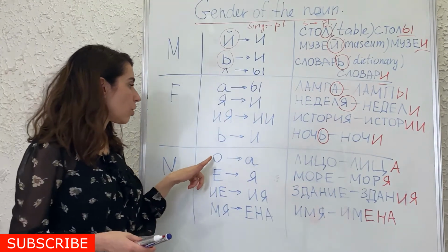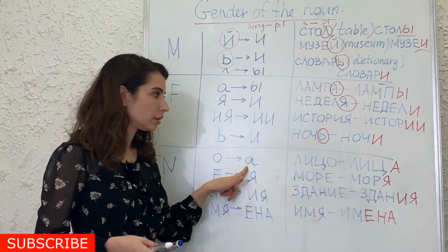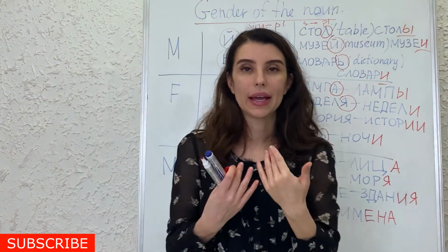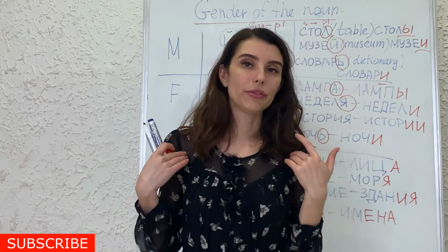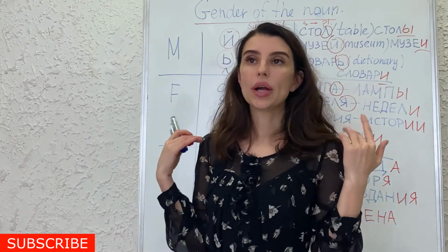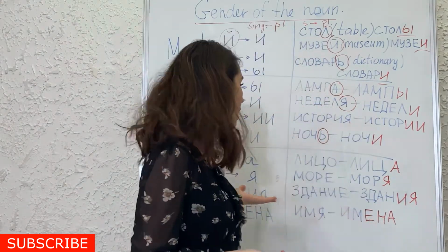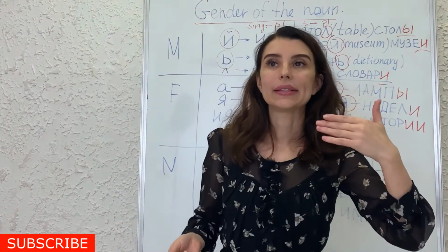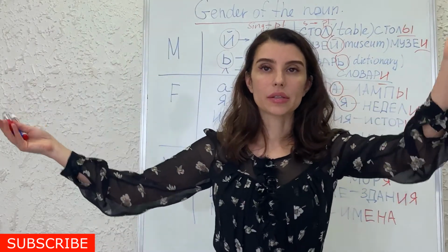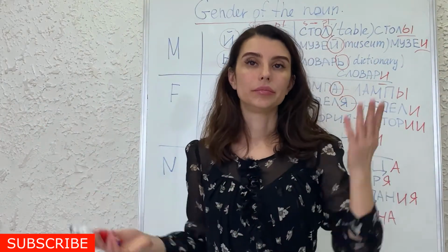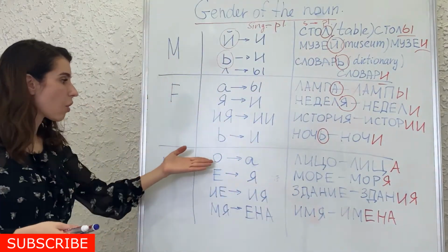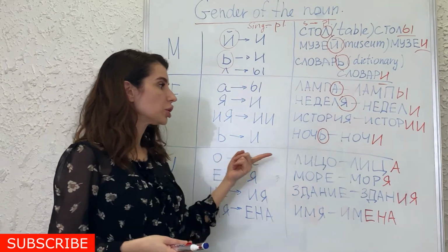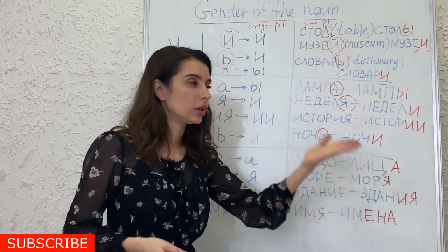Neuter, like о to а. For example, face, лицо. Лицо, it's my face, моё лицо. But I can see a lot of faces: лица. Лицо is neuter, о at the end changing to а to be plural. Okay?